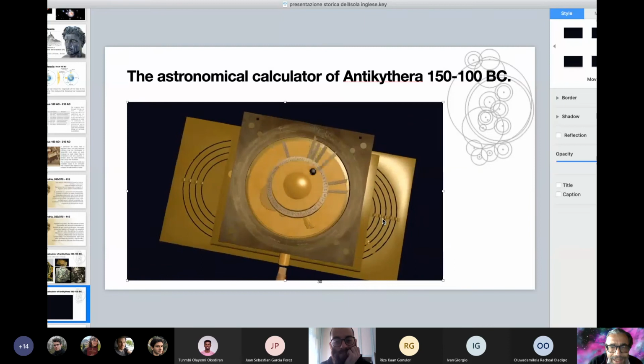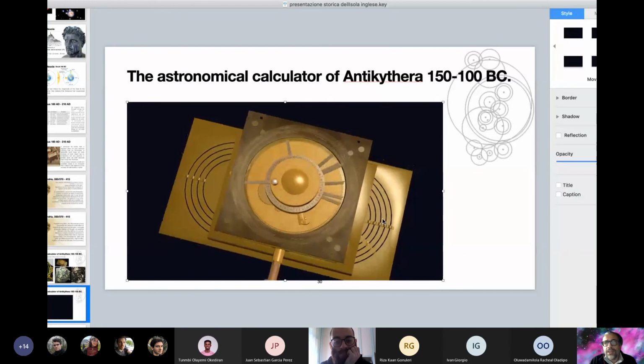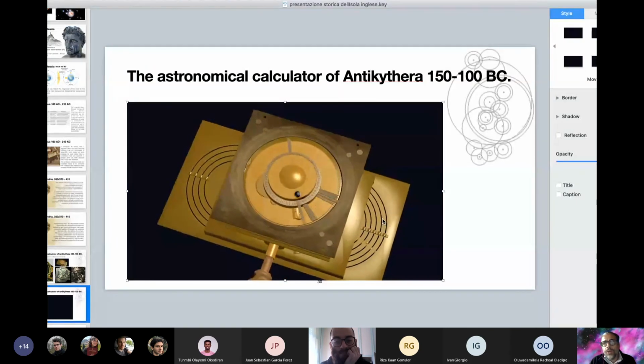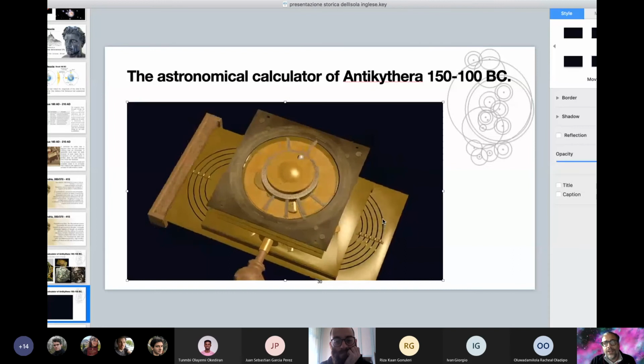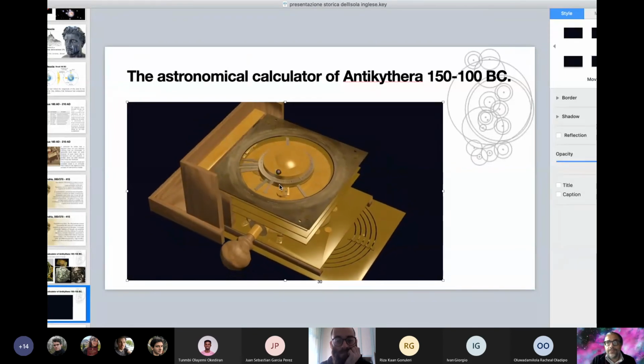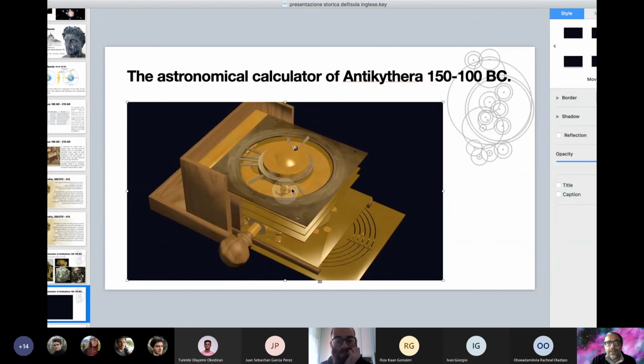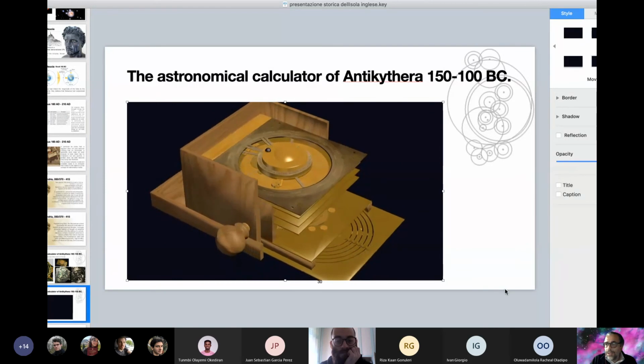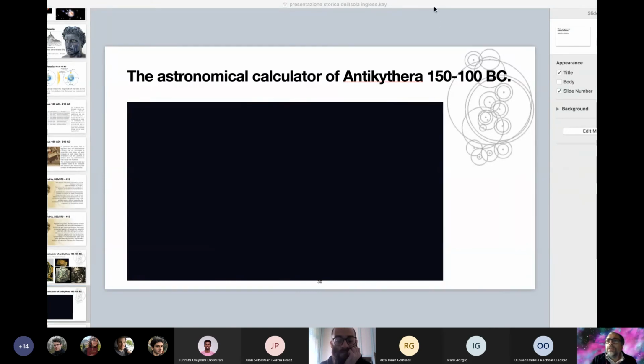I conjecture that with this tool, one could also estimate not only the latitude, but also the longitude. So, the statement with which we stop today is the following.